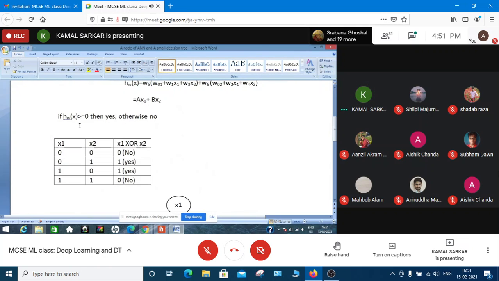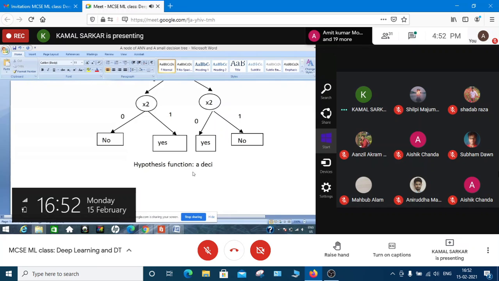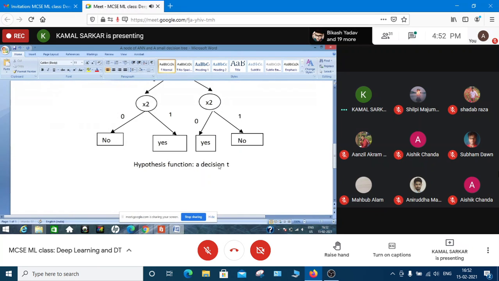This is simply comparing these values with whether they are greater than a threshold value or not, and then deciding yes or no. So in this case, the hypothesis function is our decision tree. Is this concept clear? I mean, how the hypothesis function is represented in decision tree learning, in contrast with neural networks.